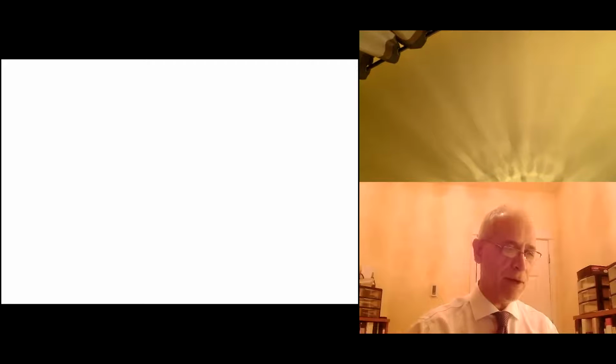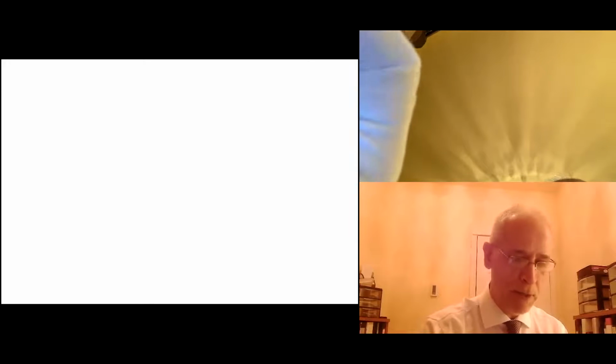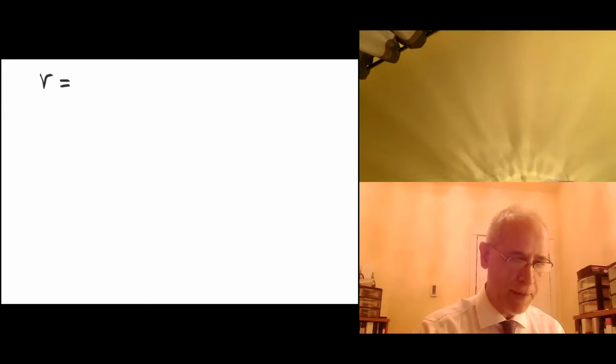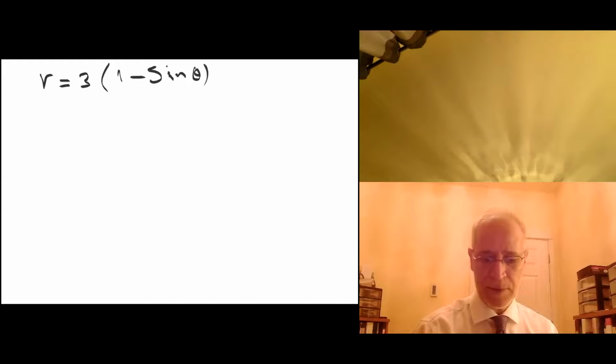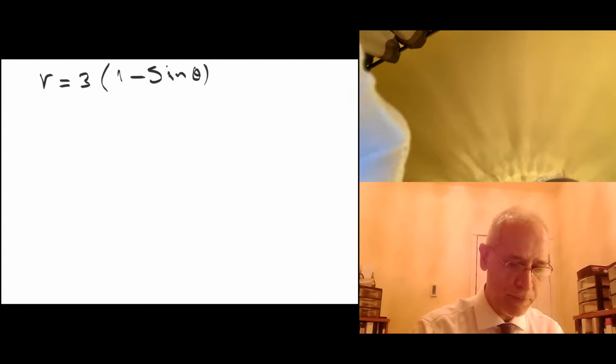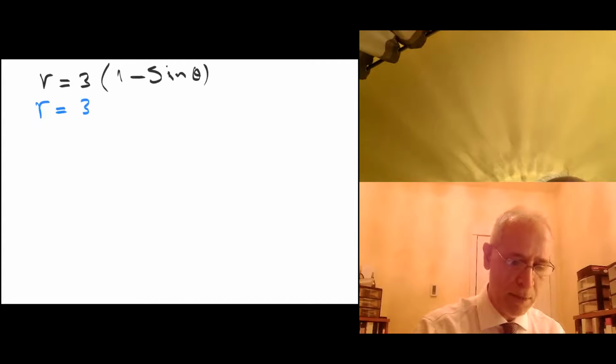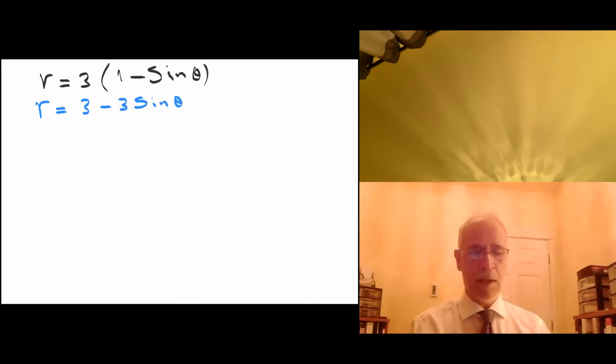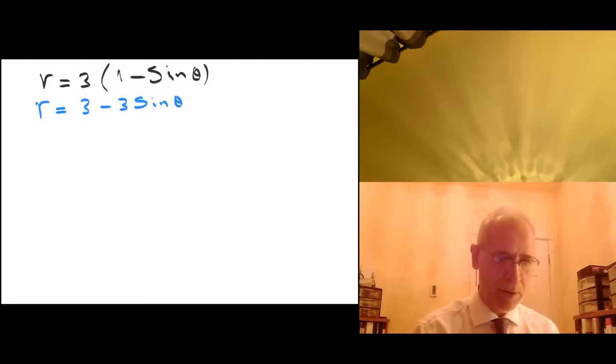Suppose we have r equals 3 times 1 minus sine of theta. First of all, this is the same as saying r equals 3 minus 3 sine of theta. And as usual, I like to multiply both sides of this equation by r.